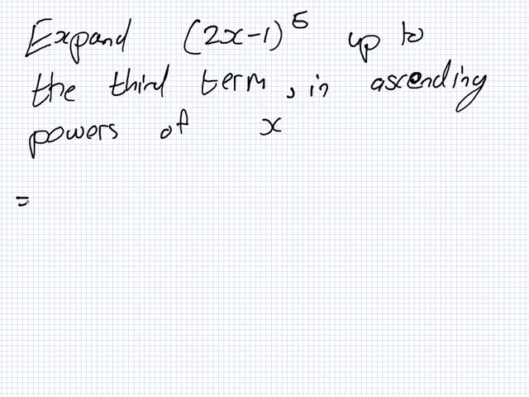So the first one has no x, because x will be power 0. So it's a number without an x.